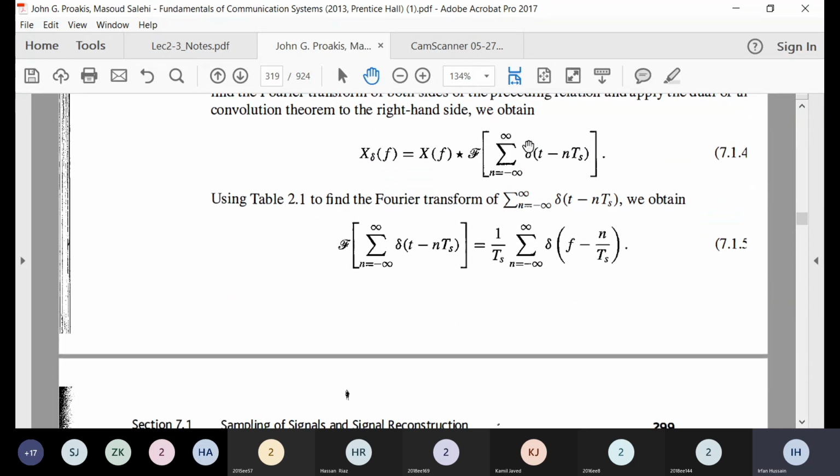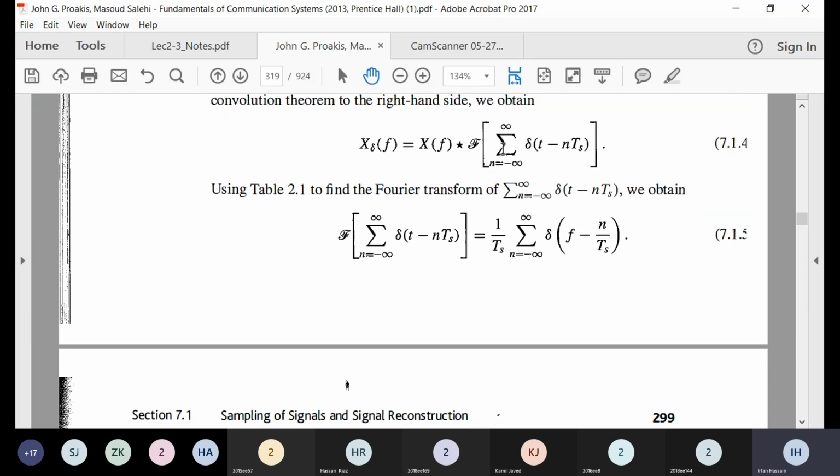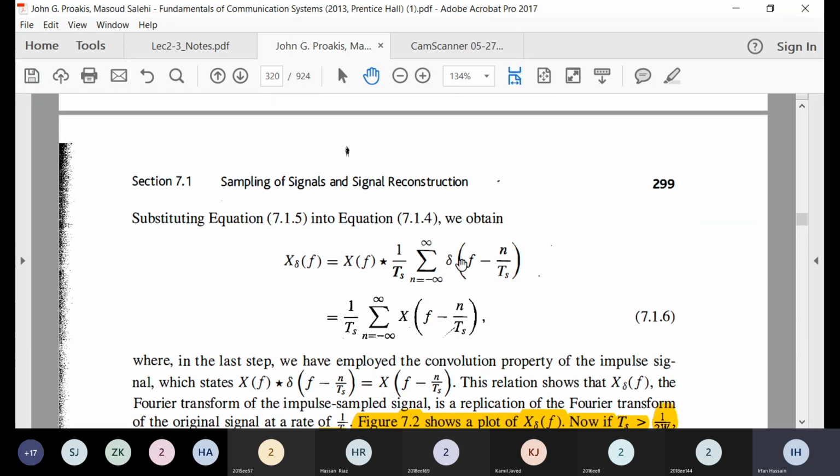So I just write this Fourier transform in terms of the above function, and you get this. Now we have to take the convolution of X(f) in the frequency domain. The convolution has to be taken. This is again very well known theory: convolution results in the function at the point of the impulse.